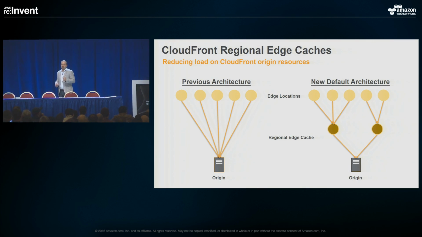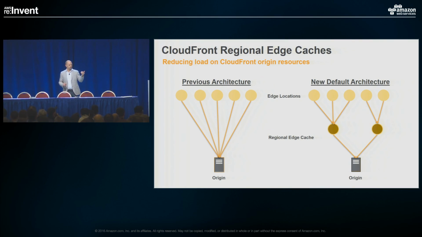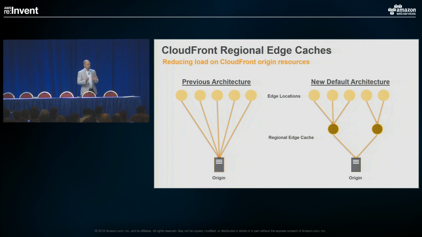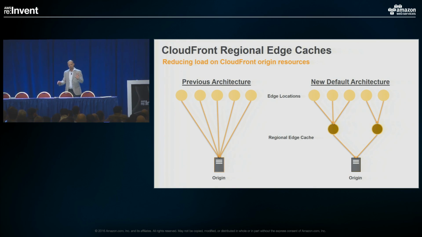In the previous architecture, all CDN edge locations, which are represented here in yellow, went back to your origin if they did not have the content. Going forward, as a default part of the architecture, and you don't have to do anything to enable this, it's already going to be set up for you, if the content is not in the edge location, we'll first go to the regional edge cache, and then if it's there, we'll go ahead and populate the edge cache. Only if it's not in the regional edge cache do we end up going back to the origin.